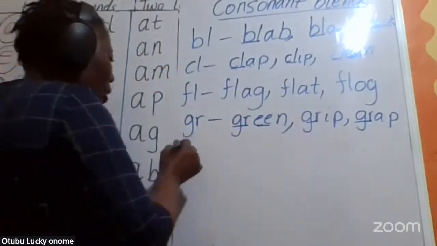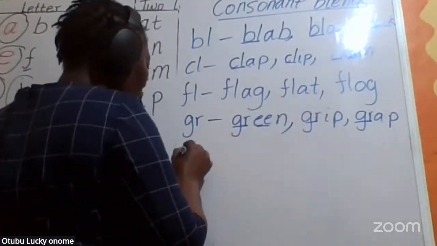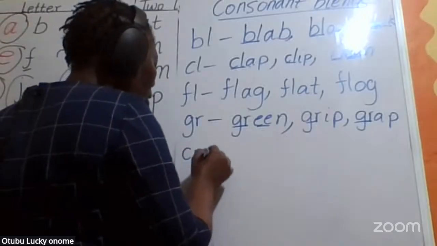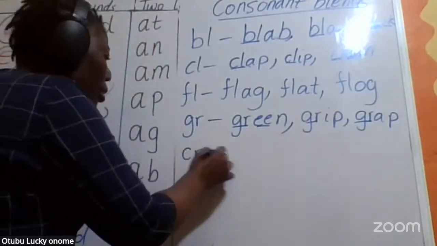The next one we are looking at is c and r, which gives us "cr".